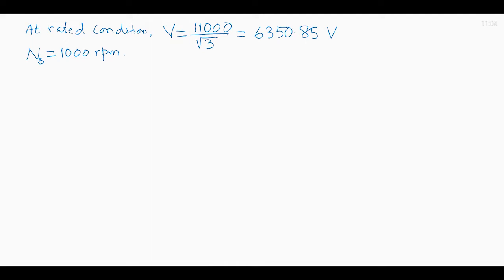So, neglecting the losses, power output equals power input. Power input is 3 V IS cos phi, which equals the mechanical power output PM. 3 V is 11,000 by root 3, IS cos phi with cos phi 0.9 at rated condition, and the rated power output is 6 megawatt.